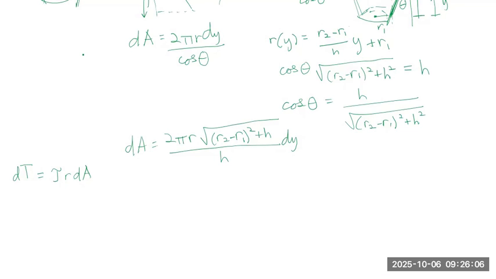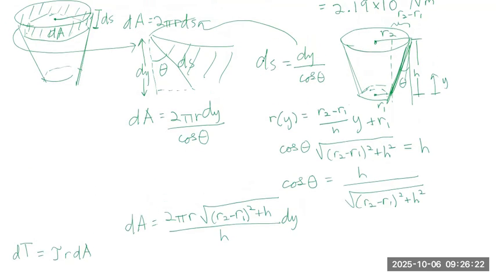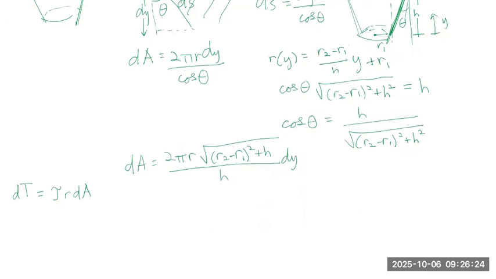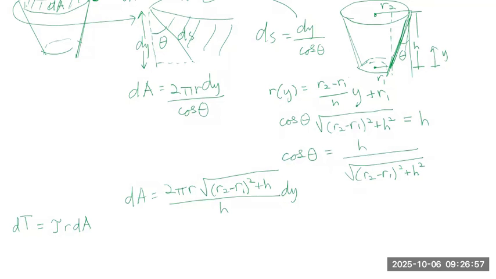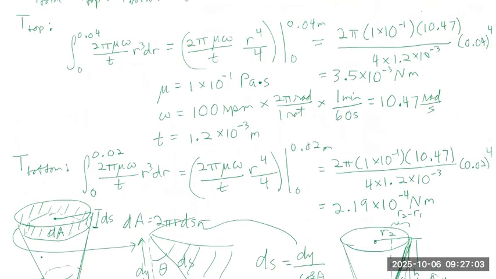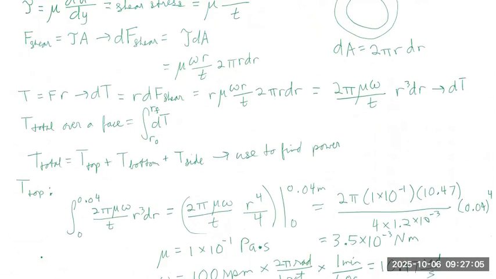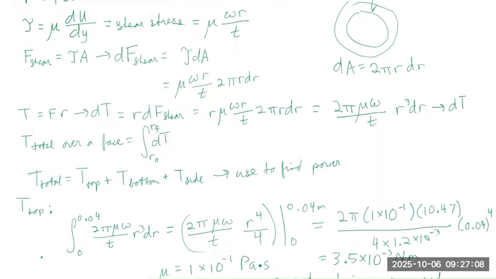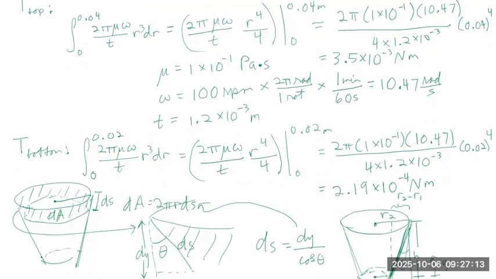And basically for tau, we can use what we found earlier, which is omega r over t still. So what is tau? Tau we found to be mu omega r over t.